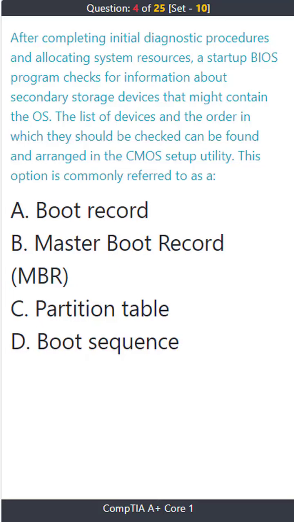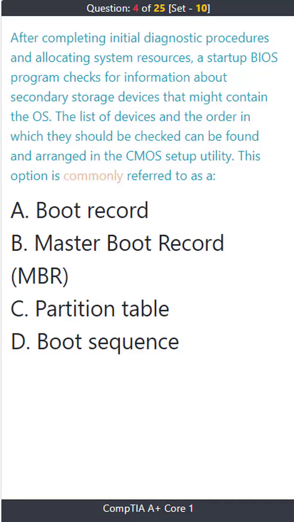Question 4. After completing initial diagnostic procedures and allocating system resources, a startup BIOS program checks for information about secondary storage devices that might contain the OS. The list of devices and the order in which they should be checked can be found and arranged in the CMOS setup utility.